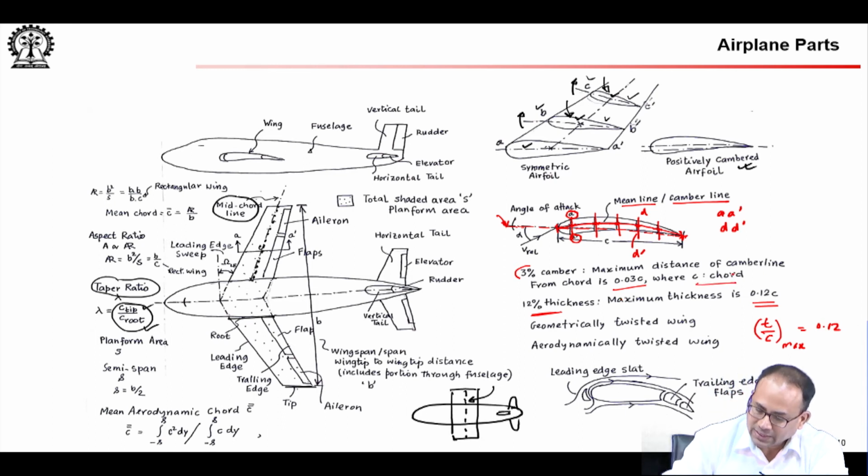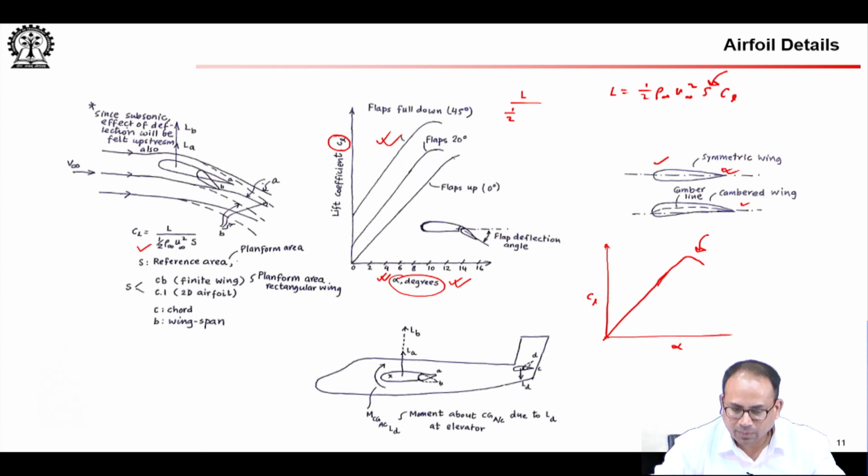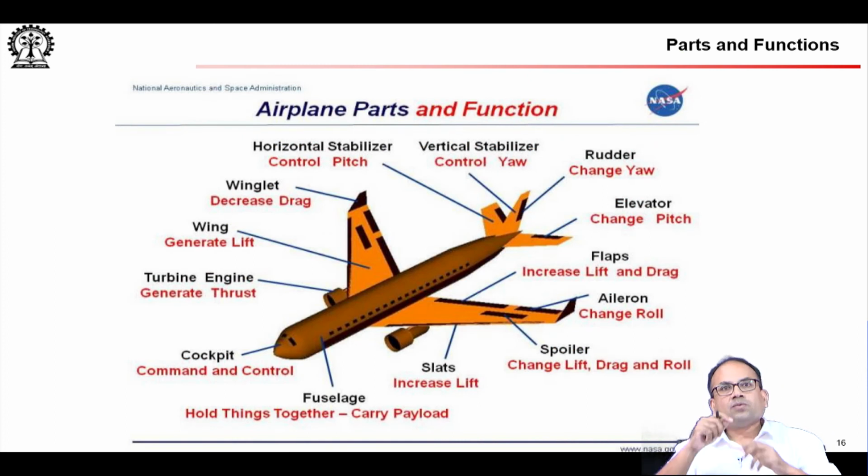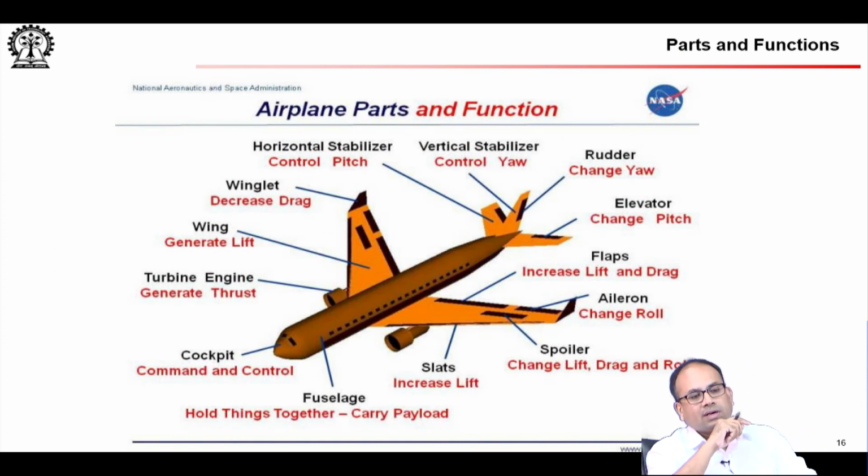Okay, so, I think that is a little bit of discussion about different parts of an aircraft. You should read them up from some other source as well. Now, I would like to go over a few slides from NASA's website.